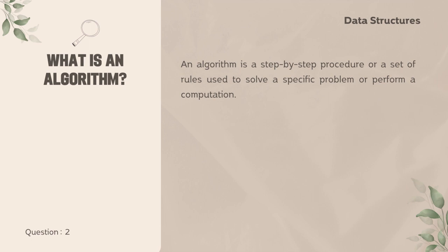They are expressed in a precise and unambiguous manner, often using pseudocode, flowcharts, or programming languages to provide a clear representation of the steps involved. Algorithms are crucial in computing because they enable us to design efficient solutions to complex problems and automate various tasks.